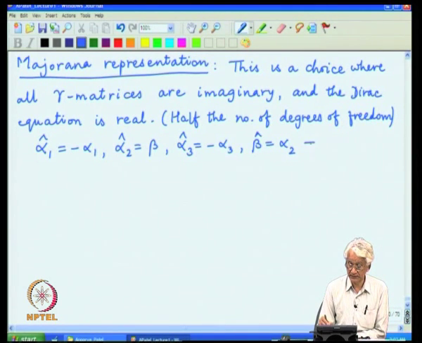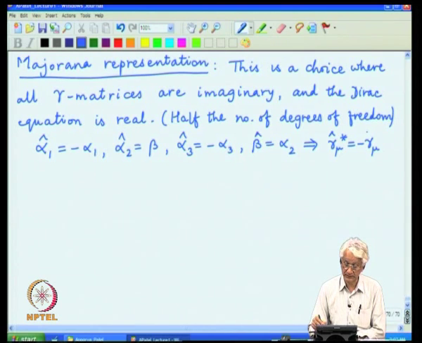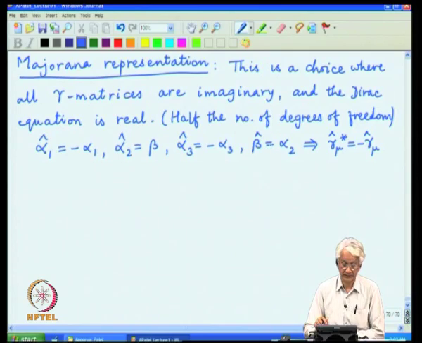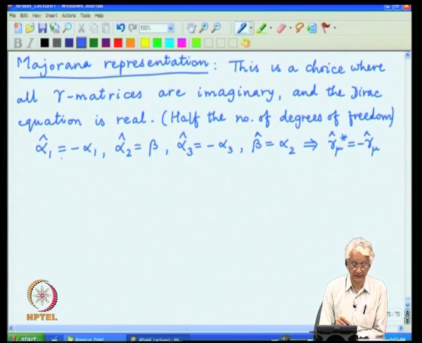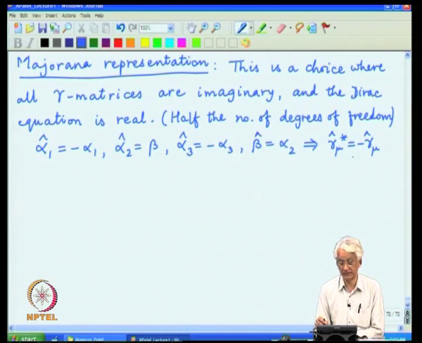This implies that gamma mu hat star is equal to minus gamma mu hat, because beta is already one of the gamma matrices, it is imaginary, and the other ones are products of beta and alpha. All the alphas are real, and so alpha times beta, which are the spatial gamma matrices, are also imaginary.